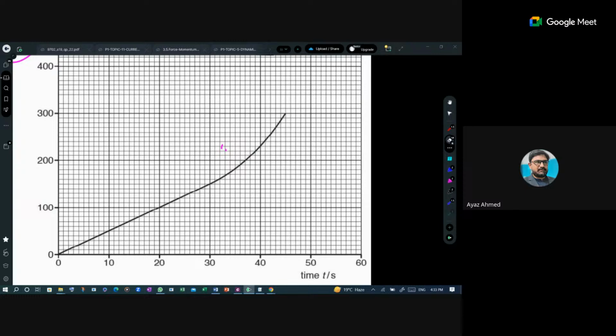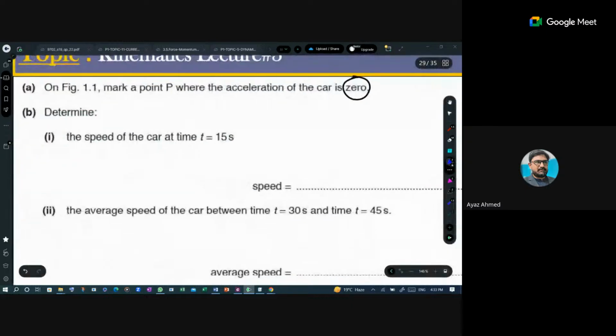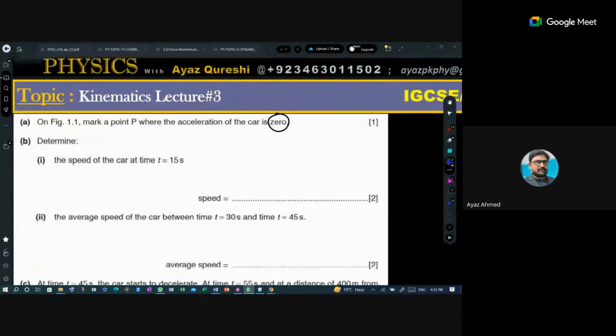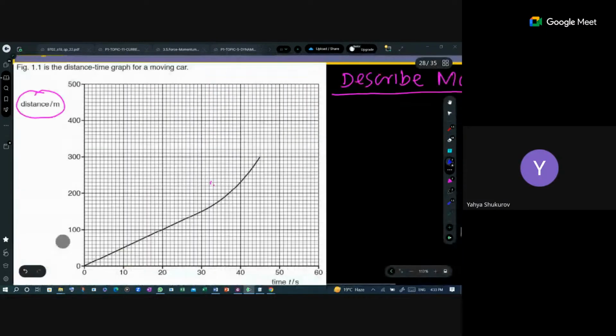What was the question? Mark a point P where the acceleration of the car is zero. Is the question clear? Yes. When there's constant speed, then acceleration is zero.